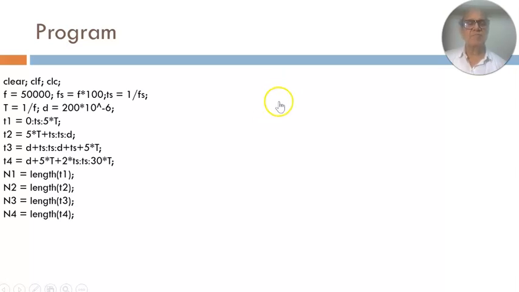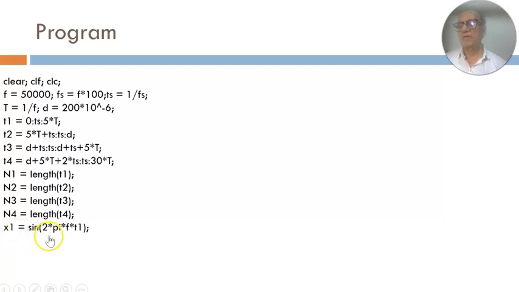Remember, for the transmitted pulse, first you generate 5 cycles and then you have to put zeros. Then for the received signal, for the first 200 microseconds it's 0, then you generate 5 cycles, and after that again you put zeros. That is why you find out the number of samples in each time array.